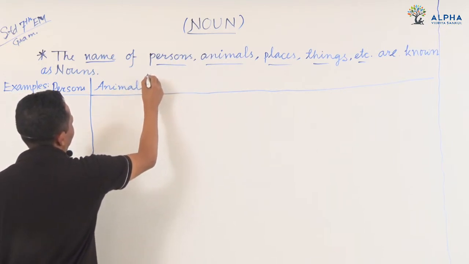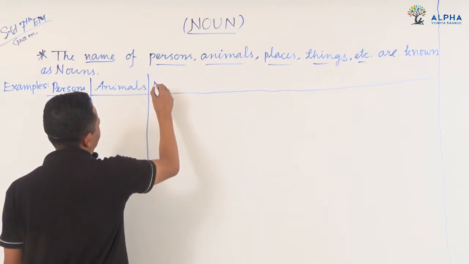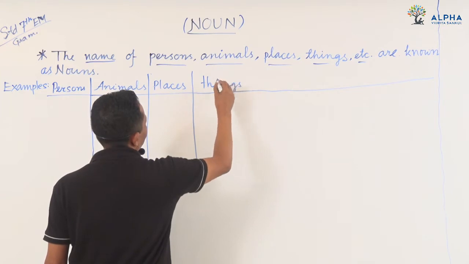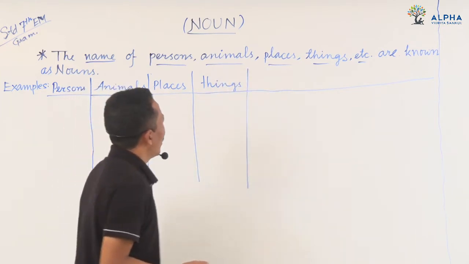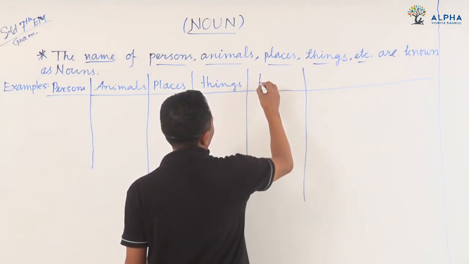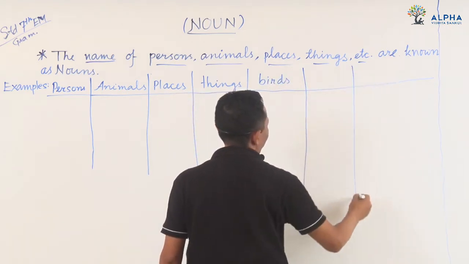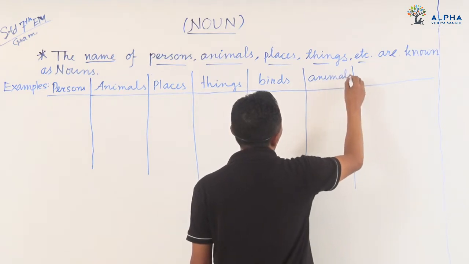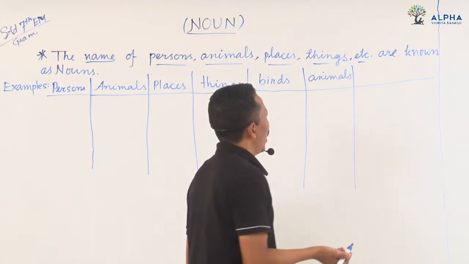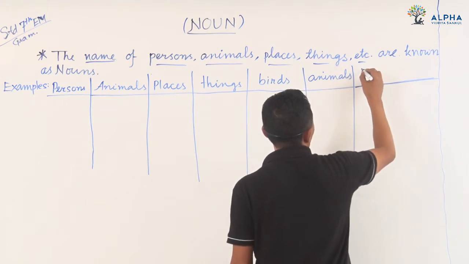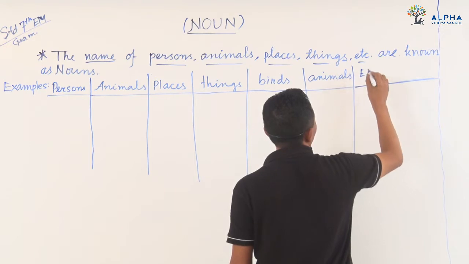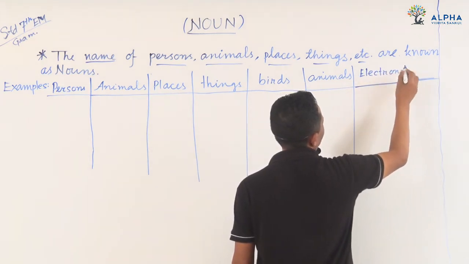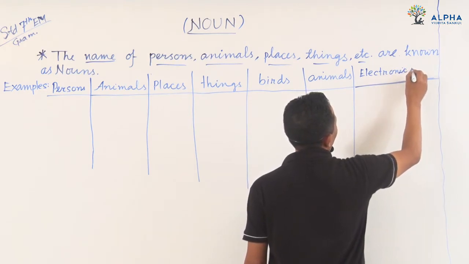Animals, places, things, you can say birds, you can say animals, and you can say anything, electronic, electronic gadgets. Goods.